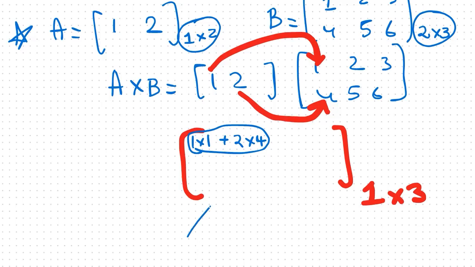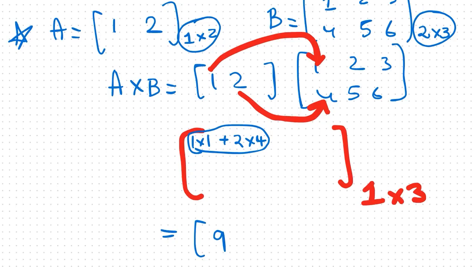So basically there are still 2 other entries which we need to find, correct? First tell me this value: 1 plus 8, 9. So the answer will be 9.